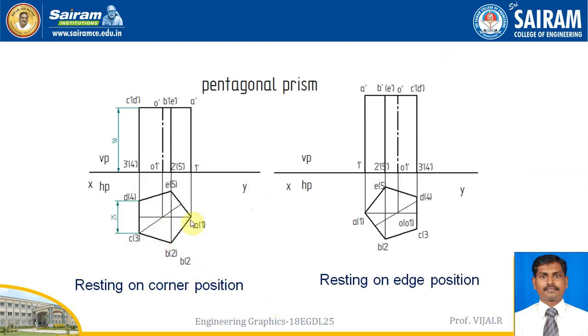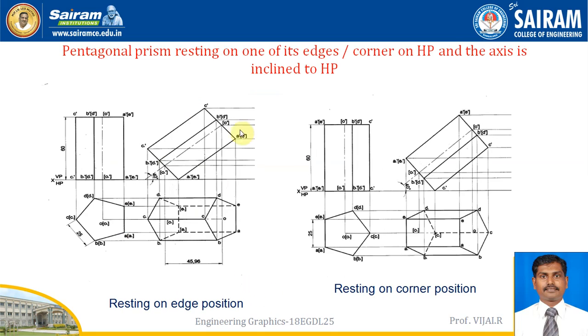Corner position and edge position, this is the edge which is going to rest. CD is the edge, here A is the corner, and when the problem gives this edge position, it is tilting on the edge AE. In the corner position we can tilt it on the corner. Okay, you will get the top view like this.